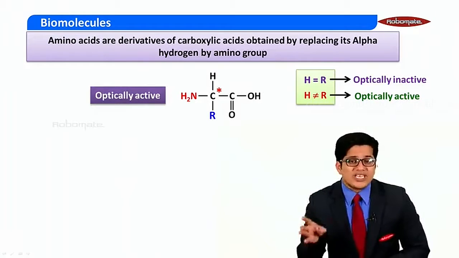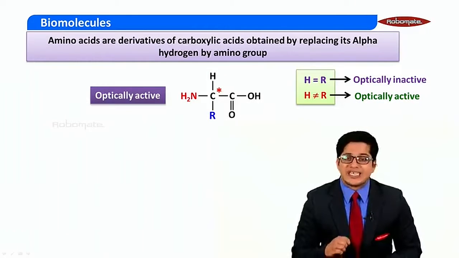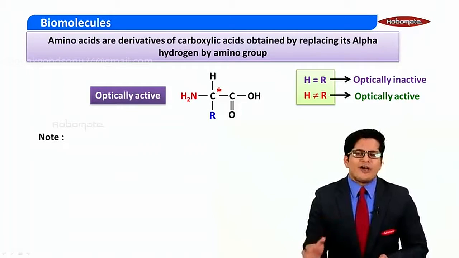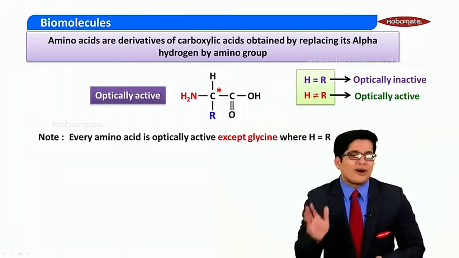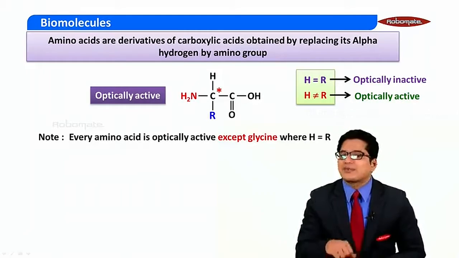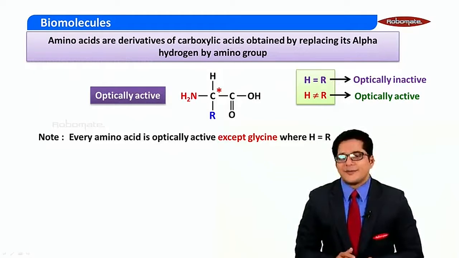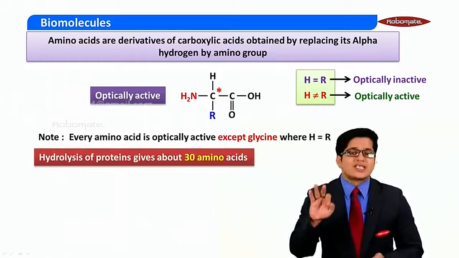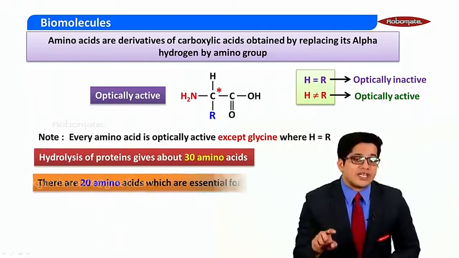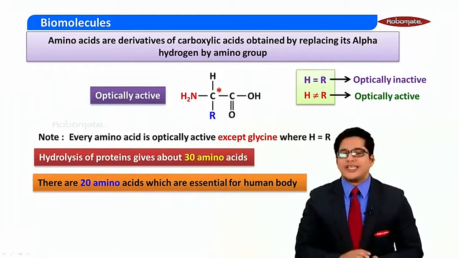Now, what we need to know over here are some important points for proteins. The first point, all proteins or our amino acids are optically active except glycine where H is equal to R. Next point, hydrolysis of protein gives 30 amino acids out of which 20 are essential for human body.